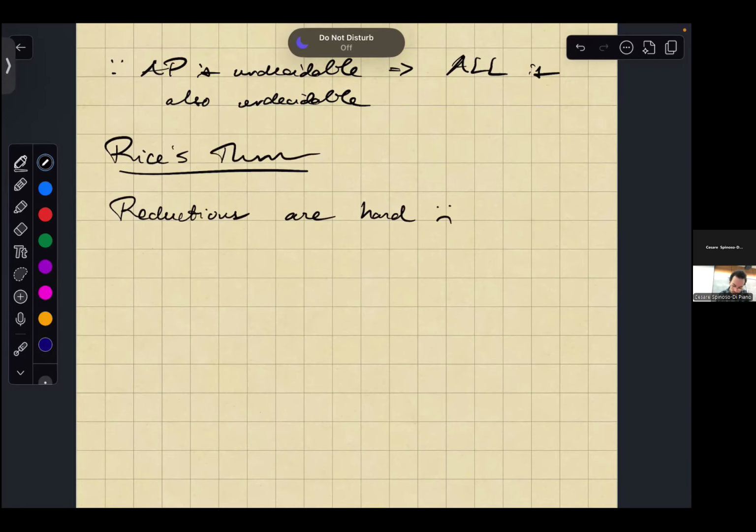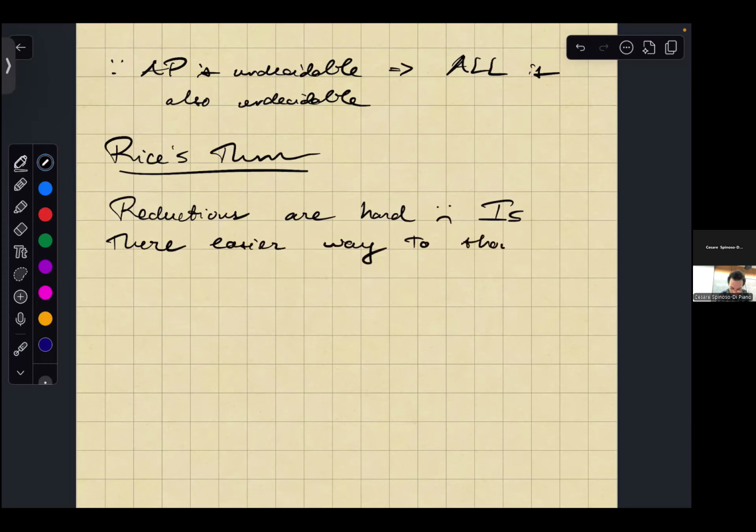And so Rice's theorem is an easier way to show that a decision problem is undecidable. You can't always use Rice's theorem as a replacement for reductions, but you often can, which saves you a lot of headache and arguments, right?